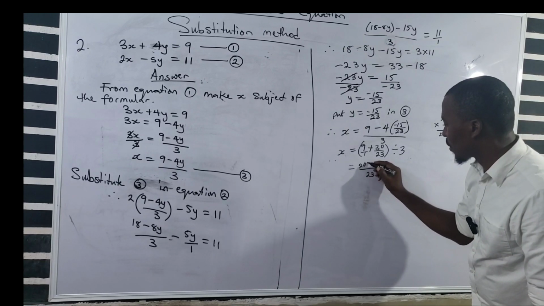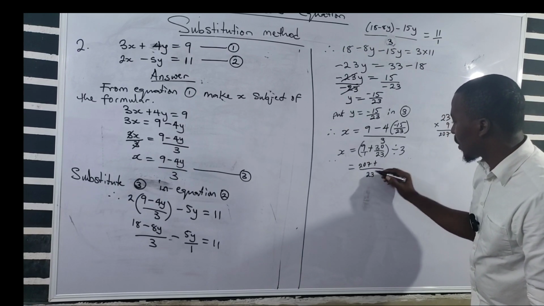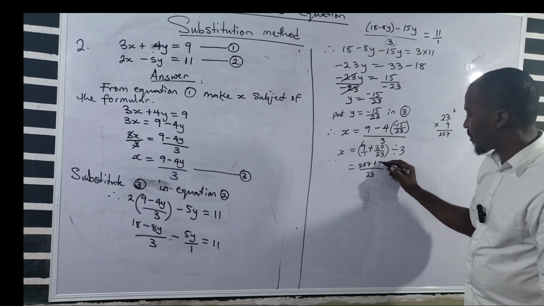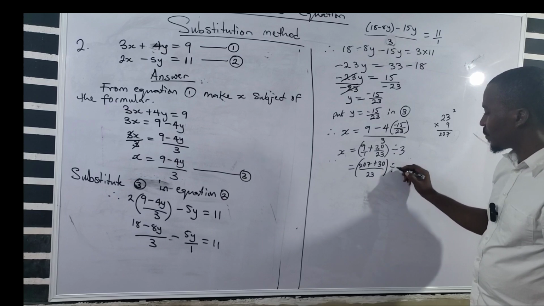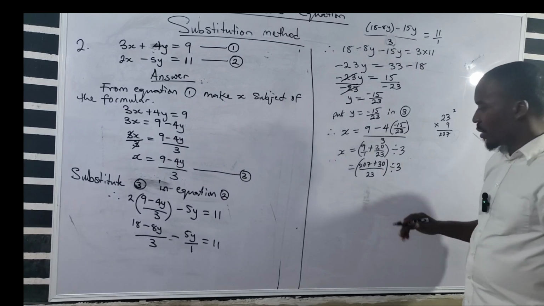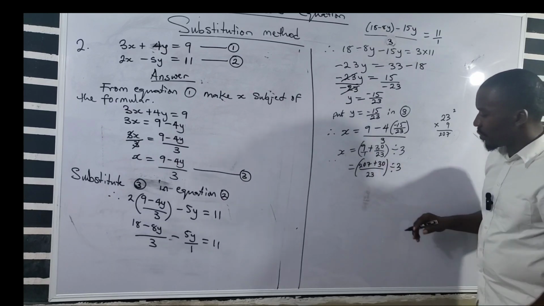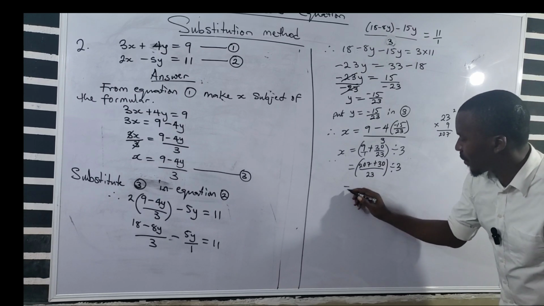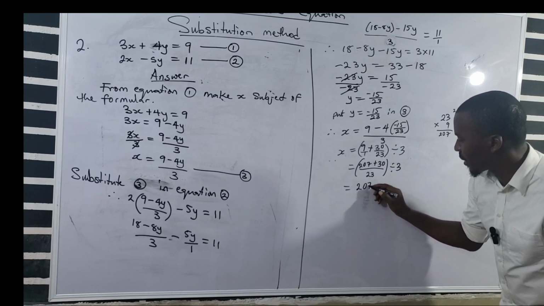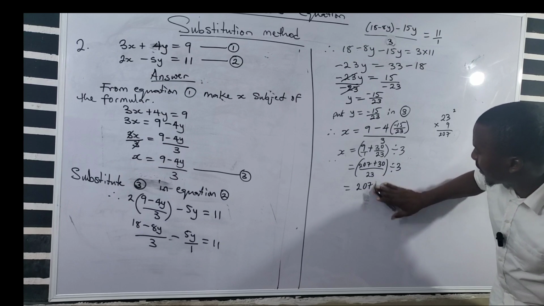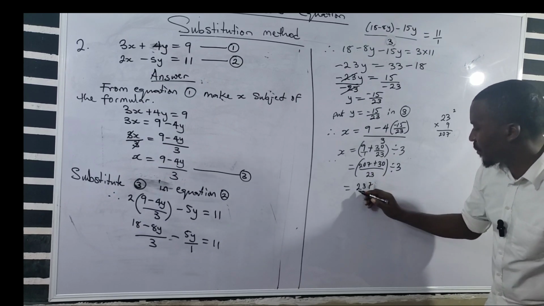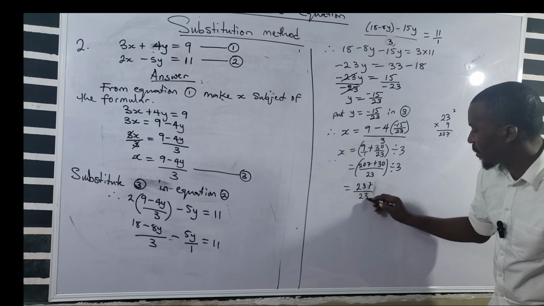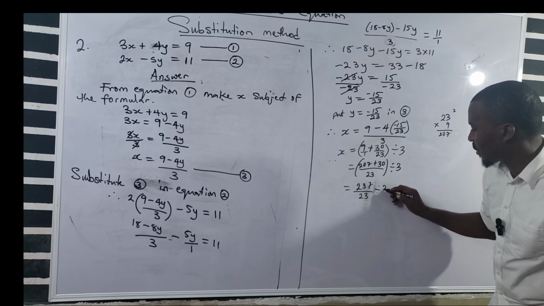So 207 plus 23, 23 will give us 1 times 60. Divide by 3. Okay, so I will add this one. So that will give me 207 plus 60. That will give me 267 over 23 divided by 3.